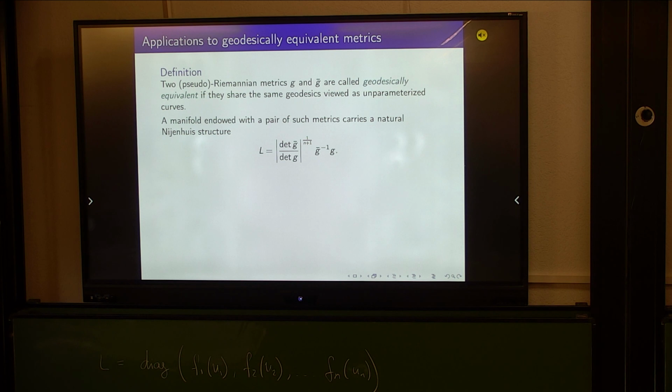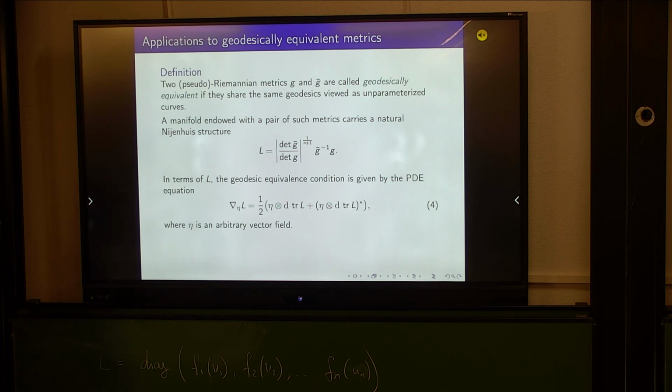And so why is it nice? Because in terms of this operator, the geodesic equivalence condition can be written in a very nice form.